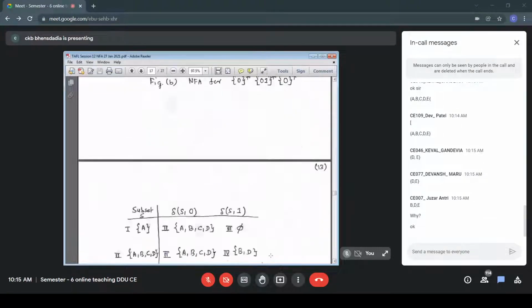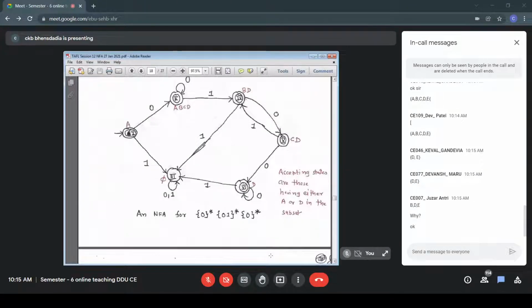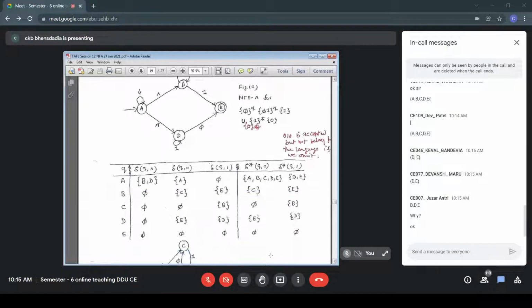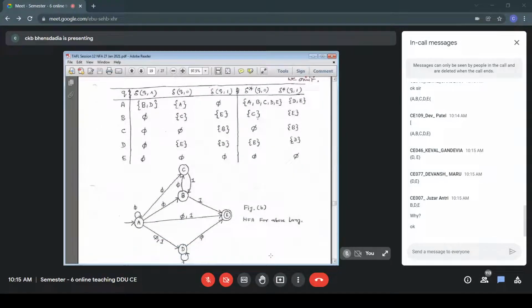Whereas in the second case, we can't reach any accepting state from state A using only null transitions. We can reach B and D, but they are not accepting states. Therefore, the only accepting state in the equivalent NFA is the state E. You can see here.